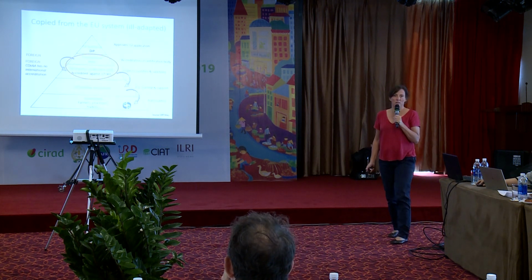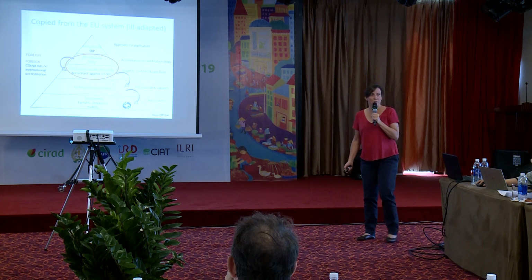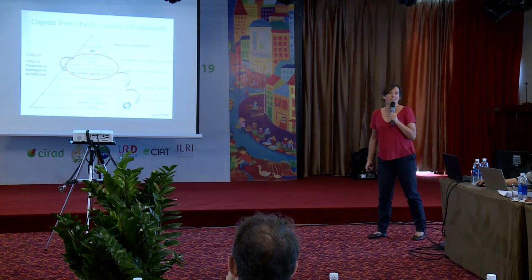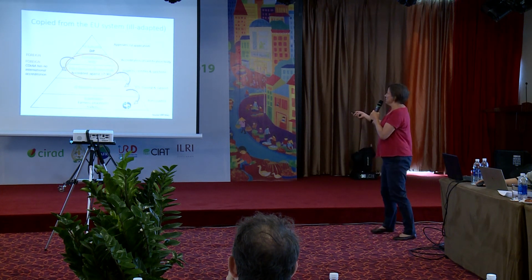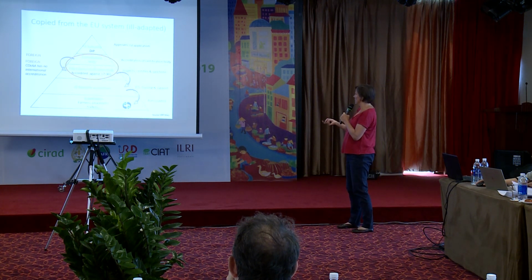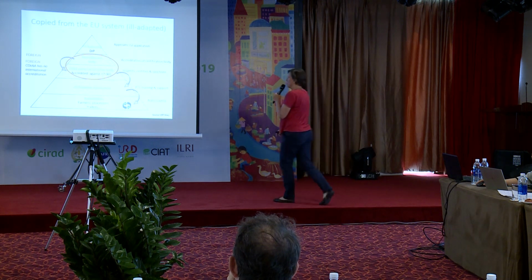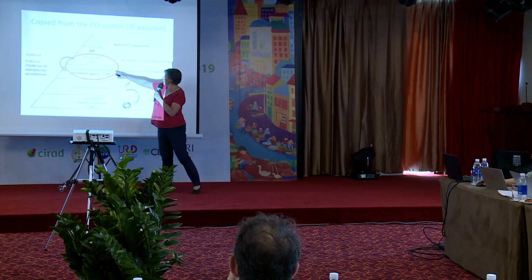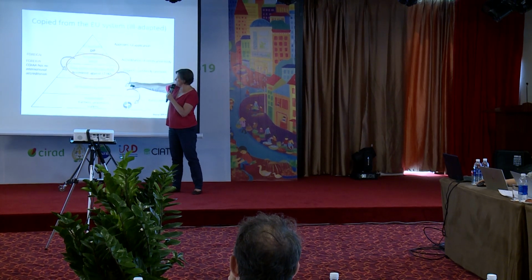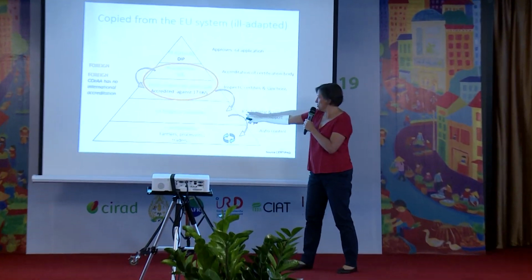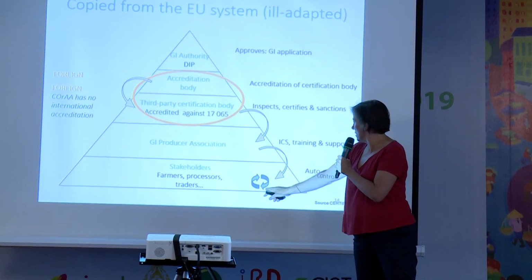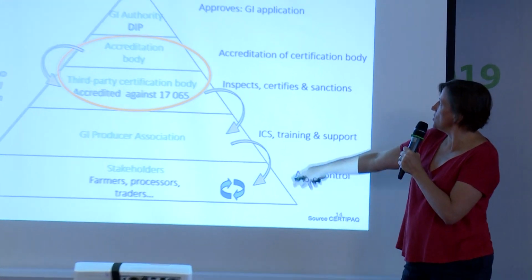As Chen was explaining just before, the Cambodian system is adapted from the EU system, meaning that there's a third-party certification body that controls the producer association, and the producer association sets up the internal control system, and there's auto-control from the members.